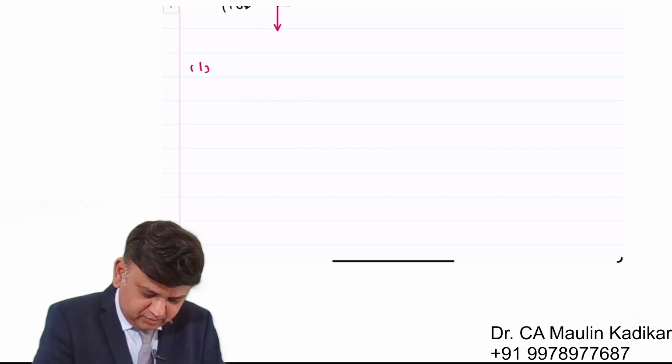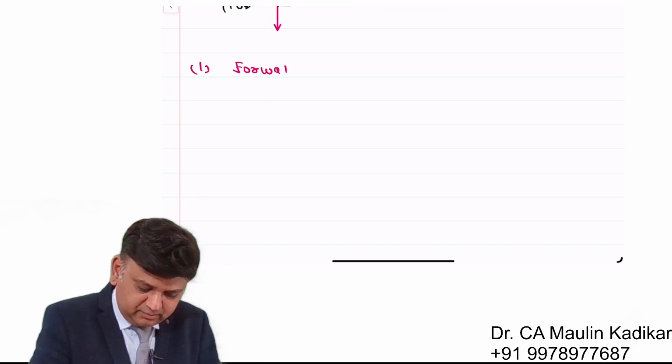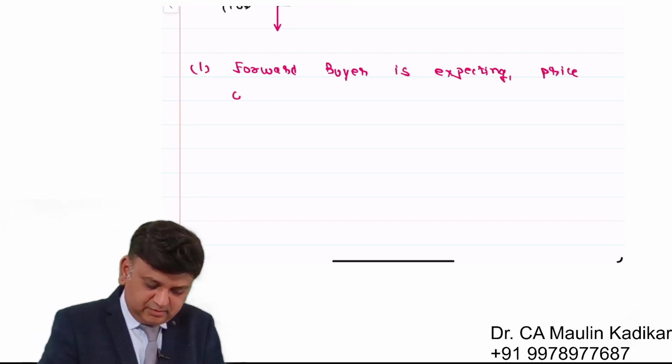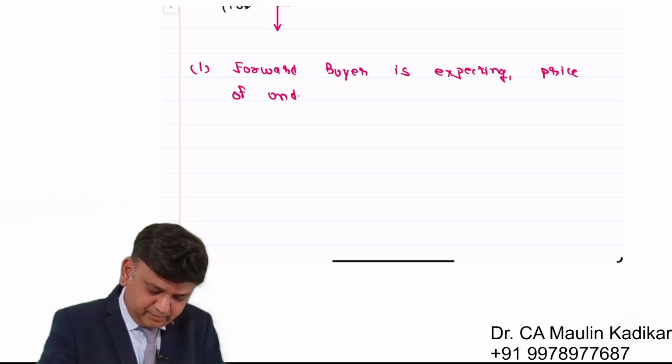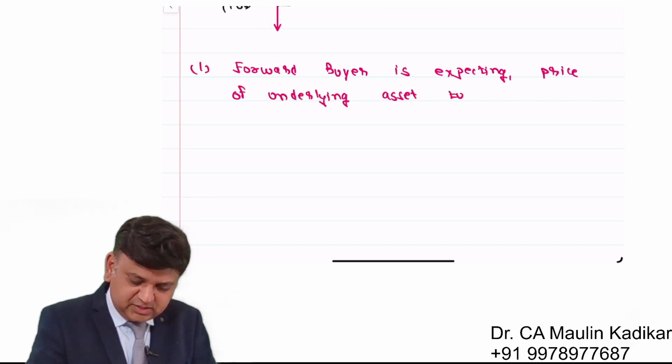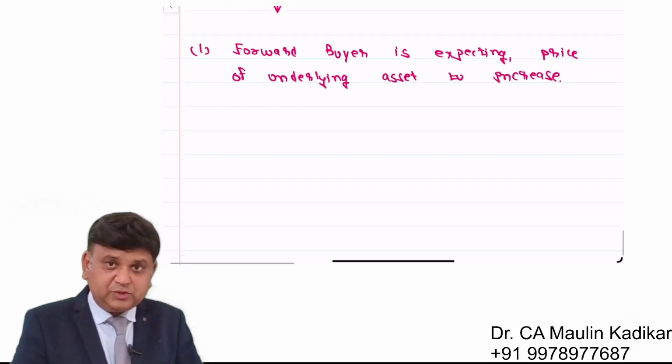First one, write down: forward buyer is expecting price of underlying asset to increase. Full stop.